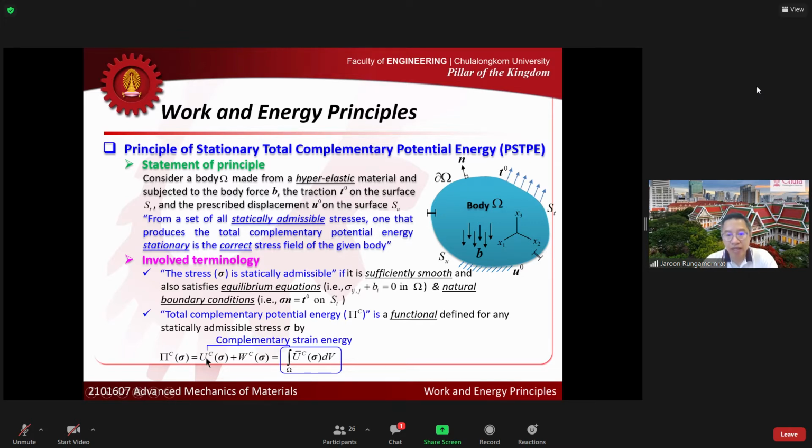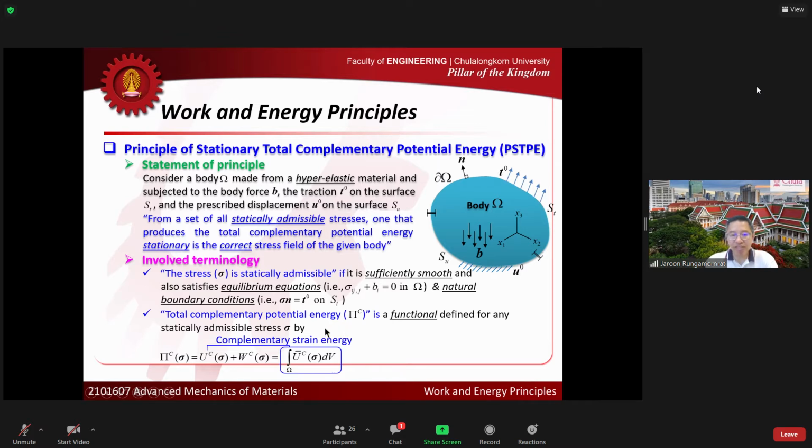You know how to define the U bar C, right? U bar C is simply the area under the curve with respect to the stress axis. So now we perform the integration of U bar C, which is a function of stress, over the whole body. We define this as the complementary strain energy.